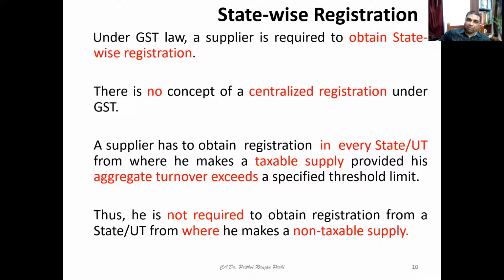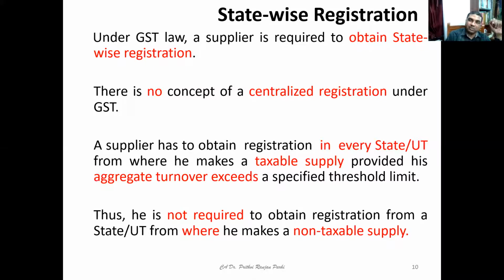But in case your turnover exceeds that threshold limit, then you have to get yourself registered. Okay, so one needs to understand what this aggregate turnover is and how to compute it. And again, for aggregate turnover, you have to see what the taxable supply is. So these concepts we need to understand.